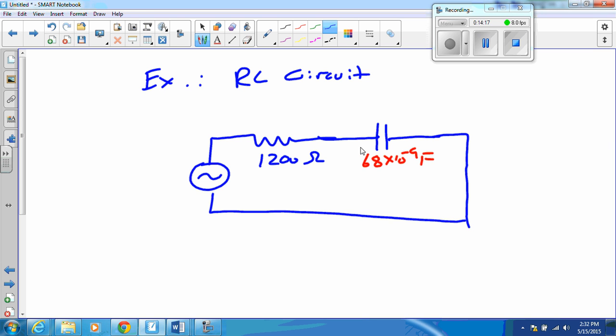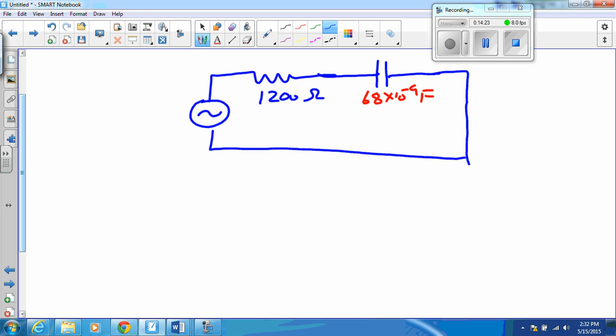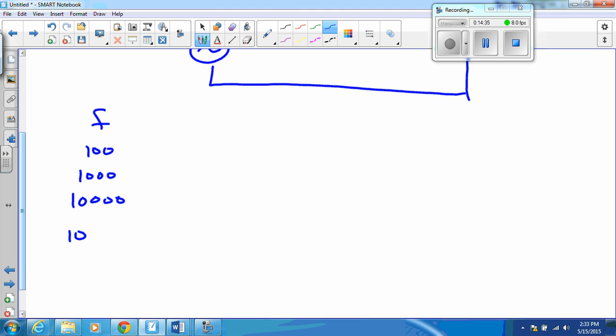So there's a huge range of frequencies, and we're going to check many of them. So let's actually start at 100 hertz. And we're going to go up in factors of 10, all the way up to 1 million. How about I just do scientific notation? Wouldn't that make a lot more sense? It would.